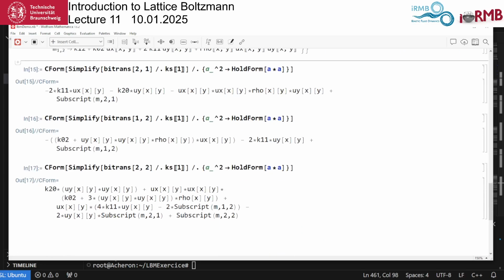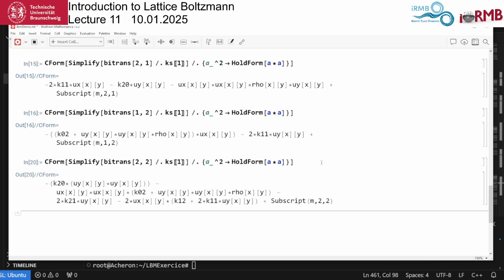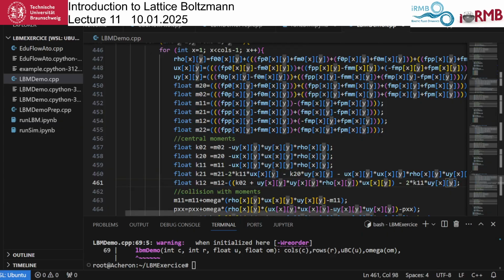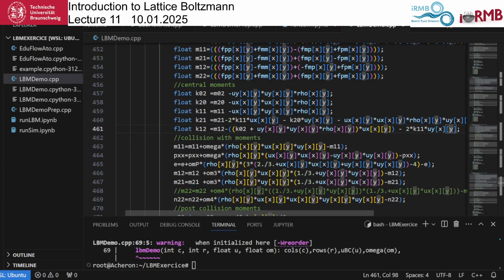Okay, now we'll have more of them. Now let's see, and okay, now we get something that looks similar to the above. And ugly or not, just copy and paste. Just copy and paste. Zip.